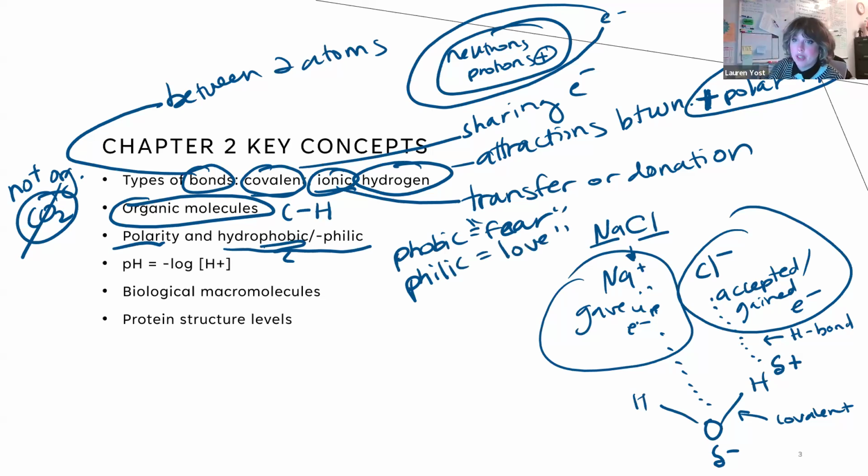The city of brotherly love, Philadelphia, okay? So in this case, hydrophobic, fearing water, and hydrophilic, loving water. And then these terms basically have to deal with the polarity. If you're polar, you're hydrophilic. You love water because you can interact with those polar water molecules very well.